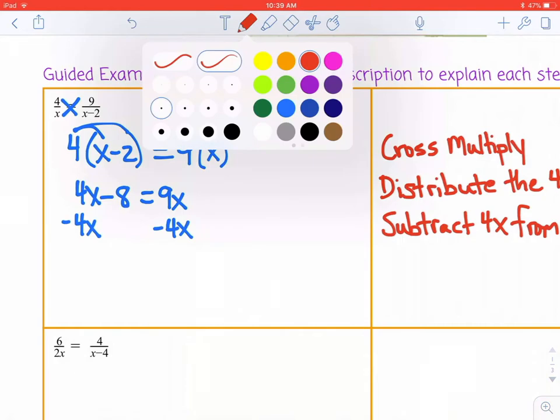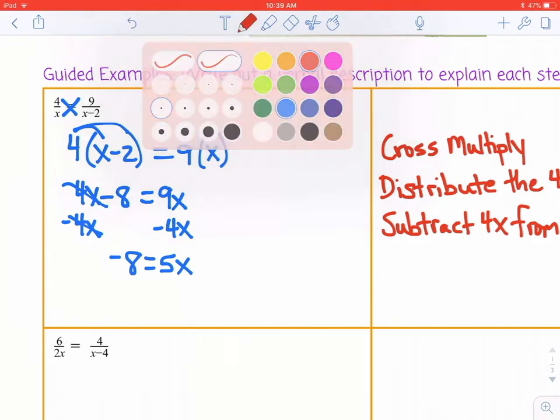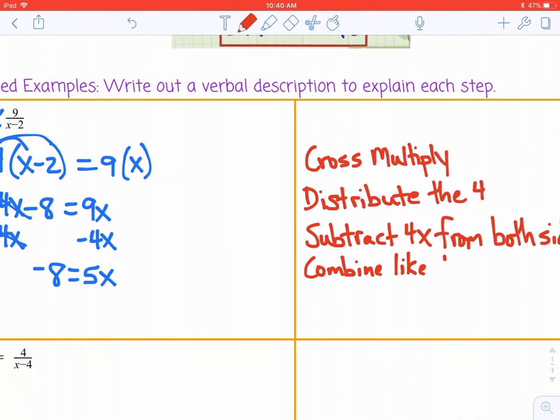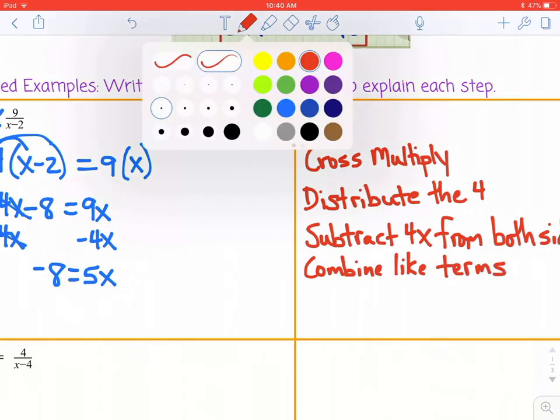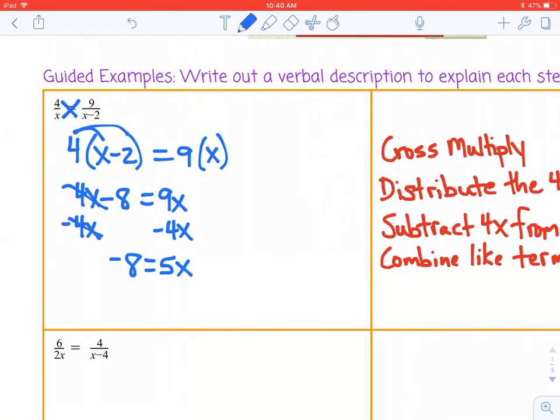Okay, then we can bring down, let's see, 4x would cancel out. So we have negative 8 equals 5x. So we combine like terms, as a way to verbally say what we just did. And then our last step would be to divide both sides by 5.